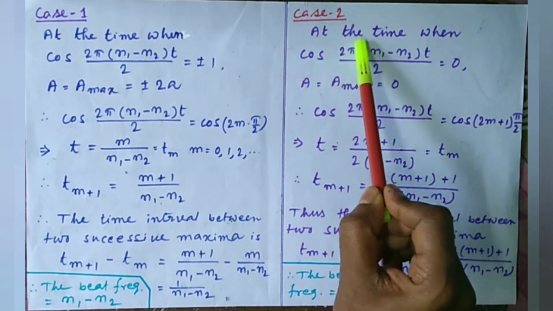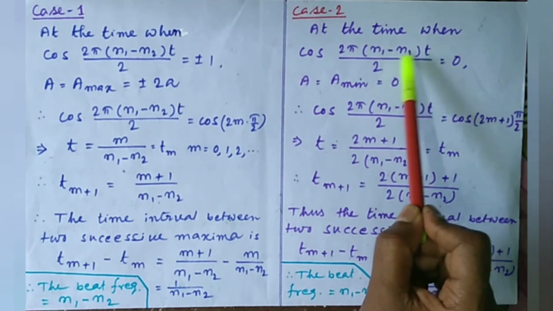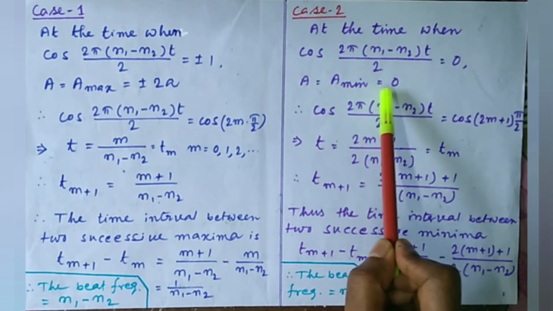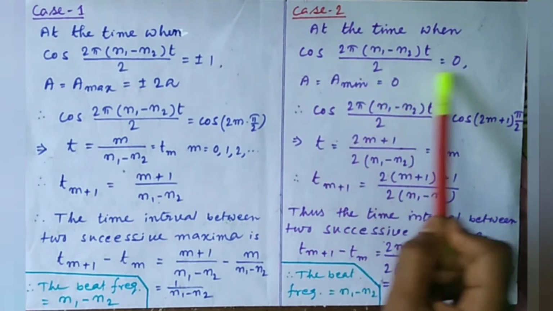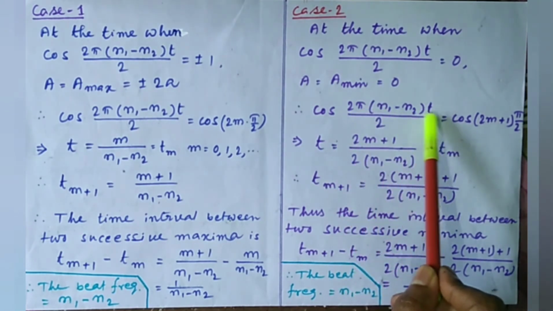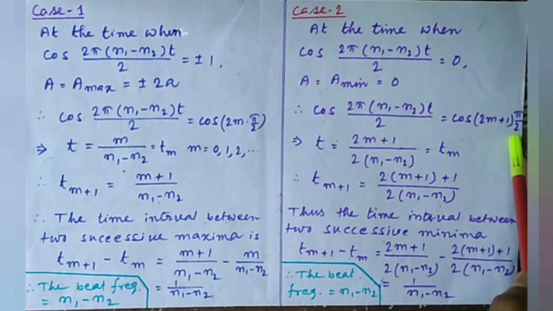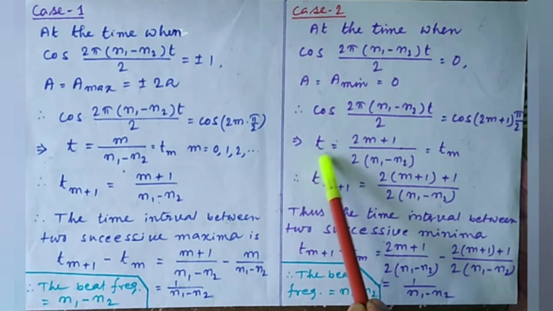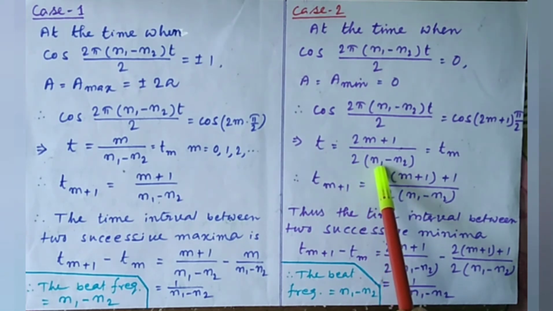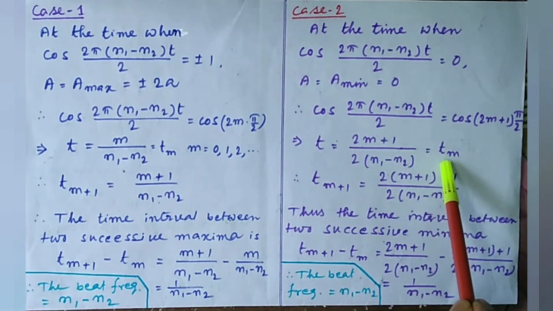Case 2. At the time when cos 2 pi (n1 minus n2) t by 2 equal to 0, we get A equal to A minimum equal to 0. Thus, from this expression we may write cos 2 pi (n1 minus n2) t by 2 equal to cos (2m plus 1) into pi by 2, and we get t equal to (2m plus 1) by 2 (n1 minus n2). We denote as previous, this is equal to tm.